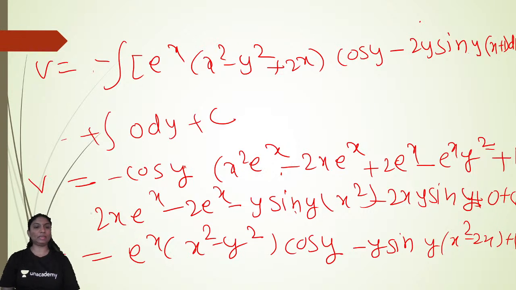Put x is equal to x, put x is equal to z and y is equal to 0.